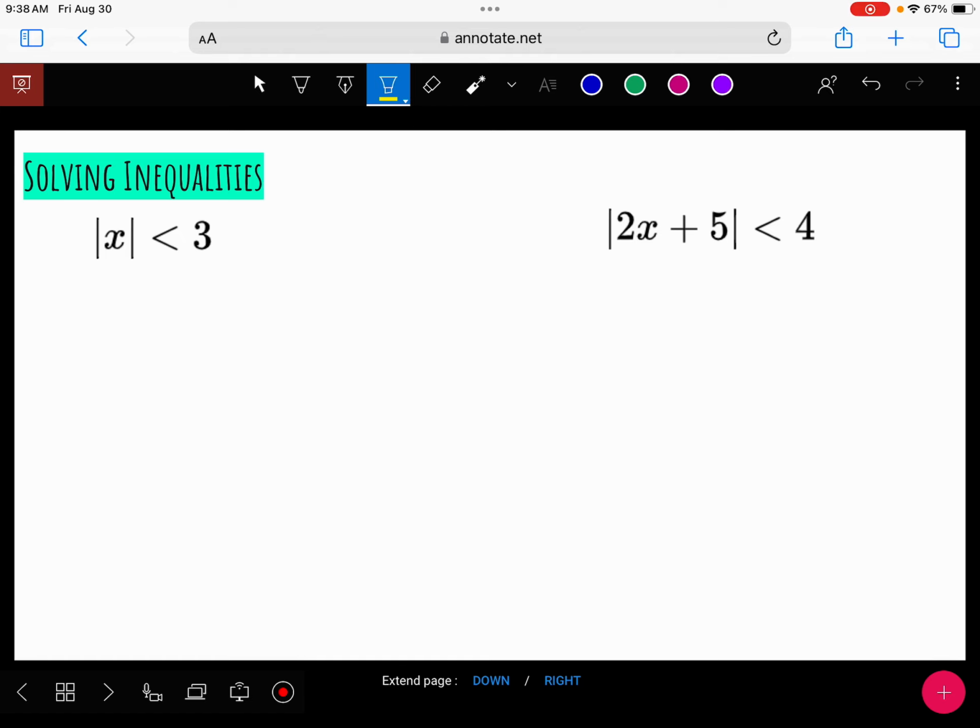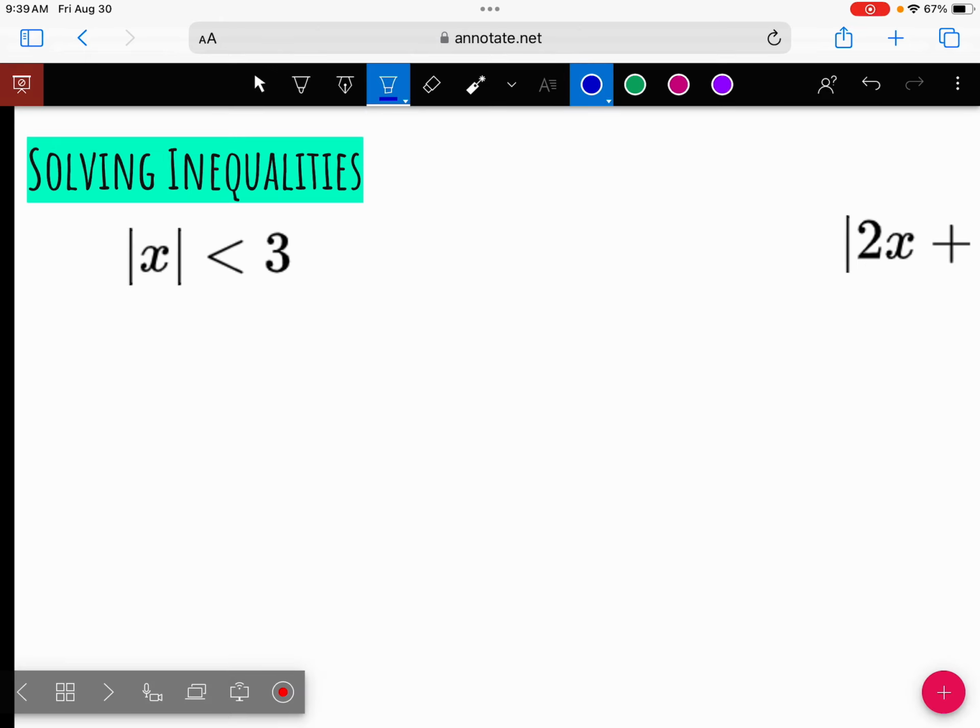But if my absolute value, my distance from 0, is less than 3, what is the very smallest my x could be and have the absolute value be less than 3? Negative 3. So when we have these absolute values, we think about it as this is my distance.